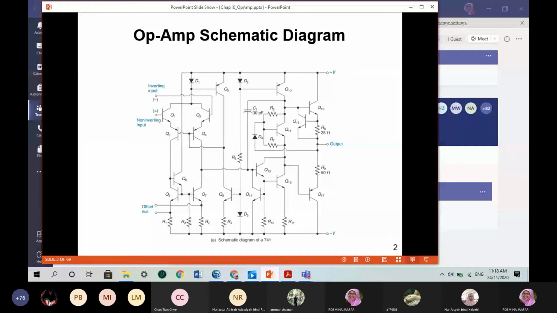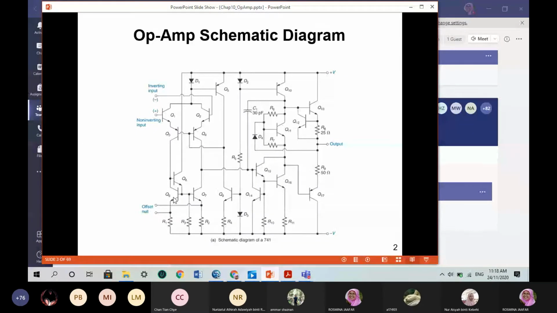A compact circuitry inside an Opamp. An Opamp can have 7 legs or 4 legs. This is the schematic diagram of a 741 Opamp. A 741 Opamp internally has many BJT circuits.